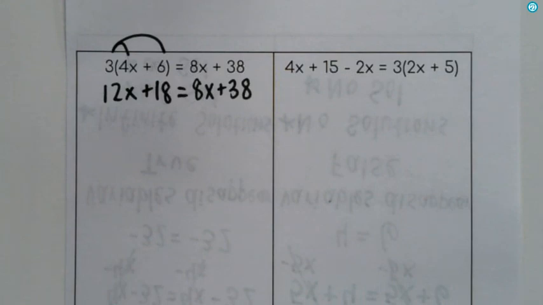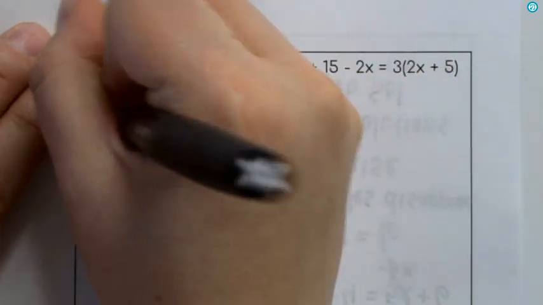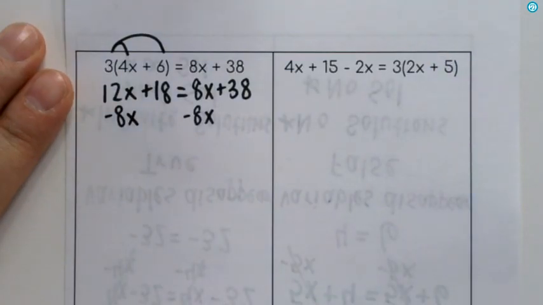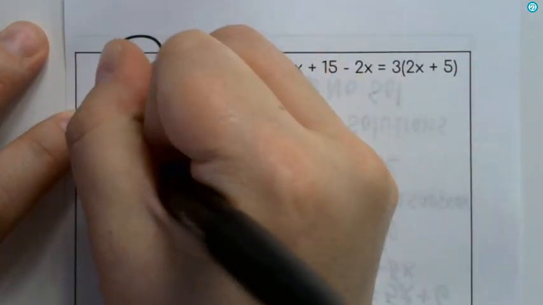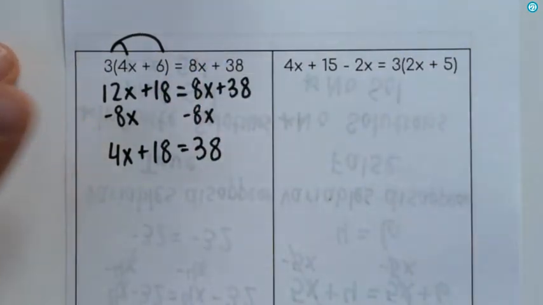So I am going to choose to subtract 8x from both sides and move all my x's to the left. 12x minus 8x is 4x. I still have my plus 18, and that equals 38.